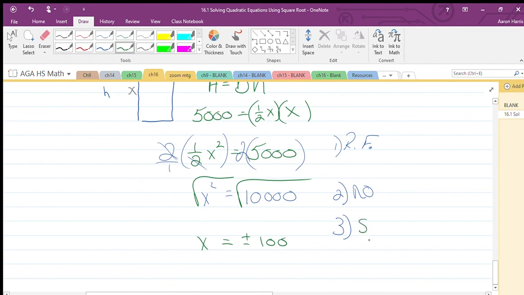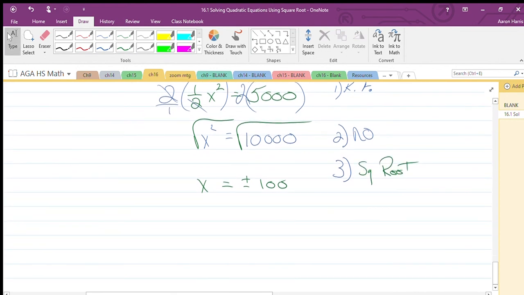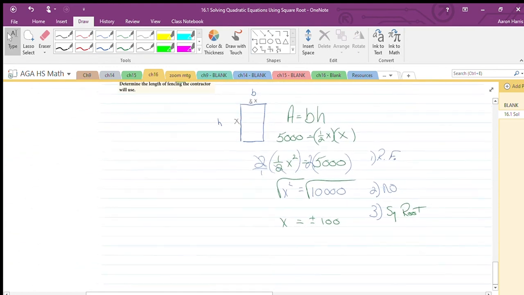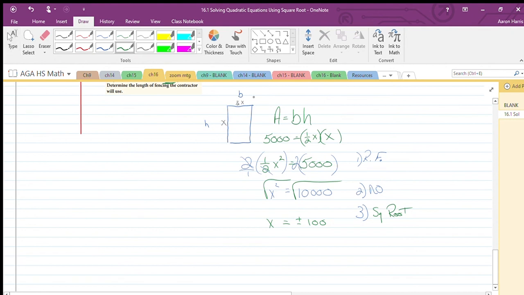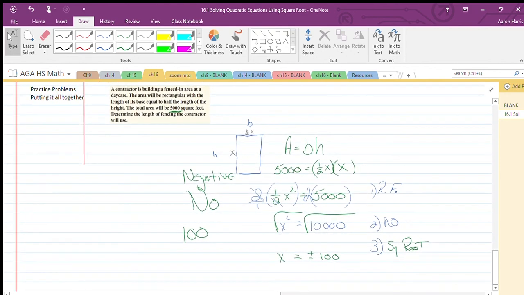So this is square root. Okay, all right, plus or minus 100. So now think about this. It's a fence. Can I have a negative distance? No. So it has to be a positive 100. And this is how we use that in a real world example. Okay?